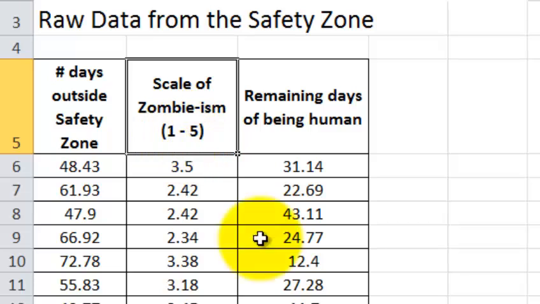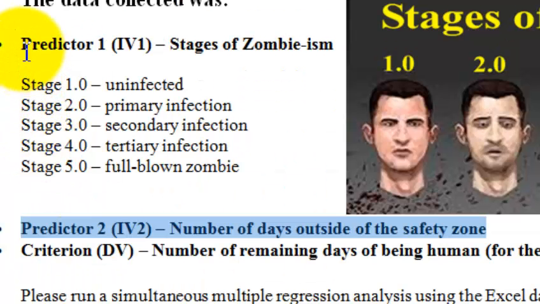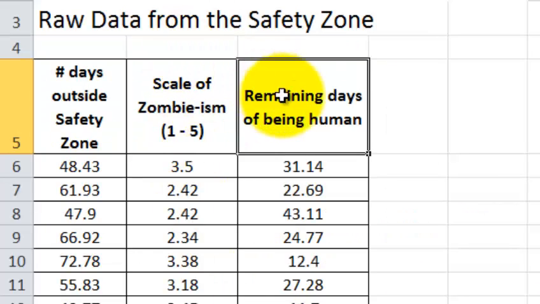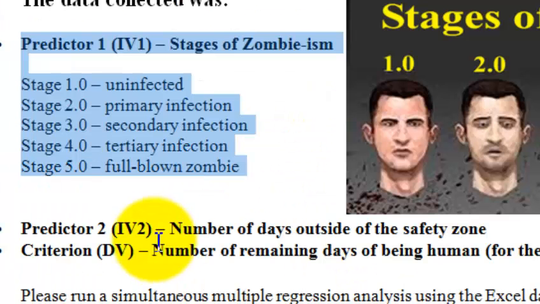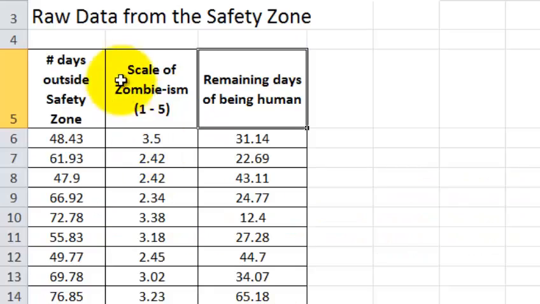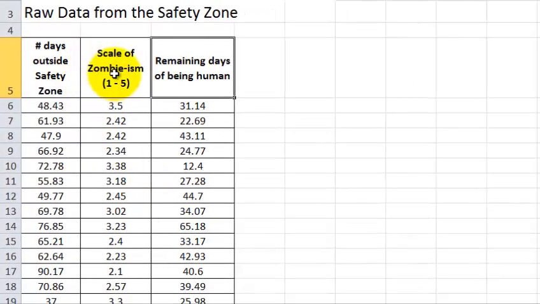It's between 1 to 5, and you can find it right here. And lastly is our DV, which is the criterion, the remaining days of being human. You can find it right here. This means the data matches the predictors and the criterion that we're trying to study for this multiple regression model.